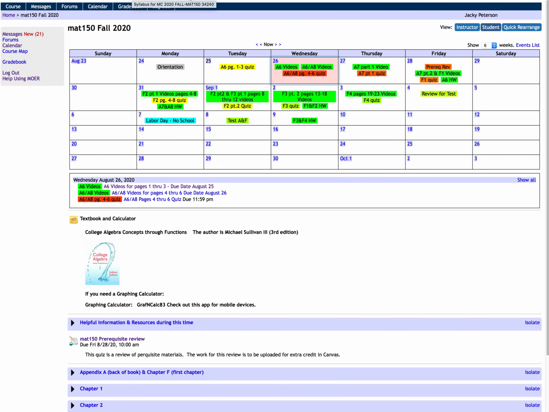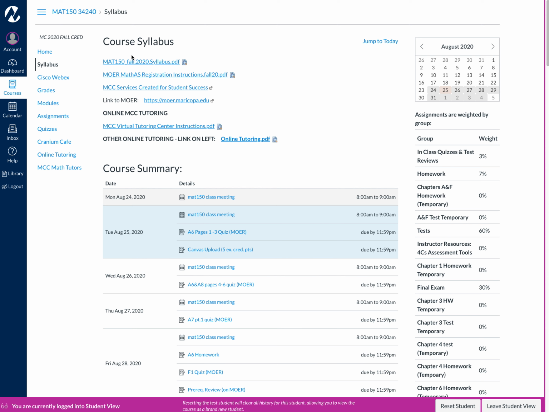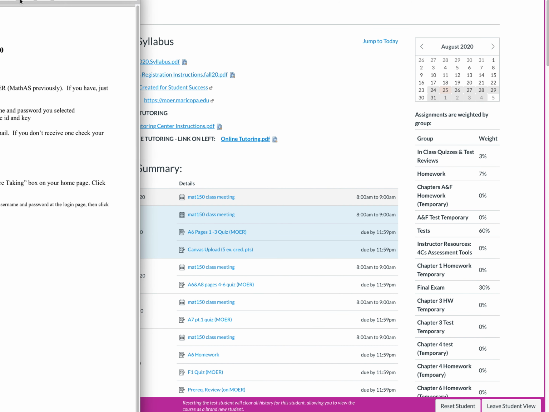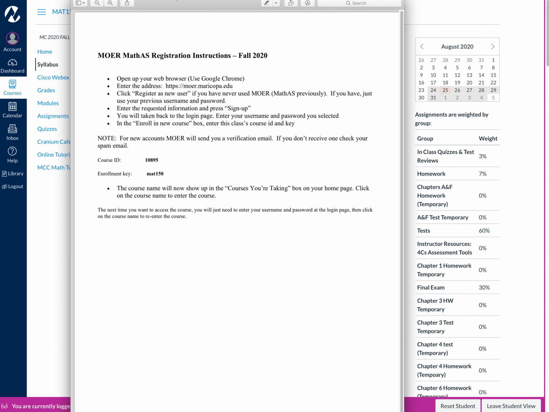And again, where's your more registration? If you go under syllabus, you can find where to register here. There's the link to more. And then here basically is how you register. I've become a Chrome user. I even still, for my personal stuff, use Safari because I'm a Mac.